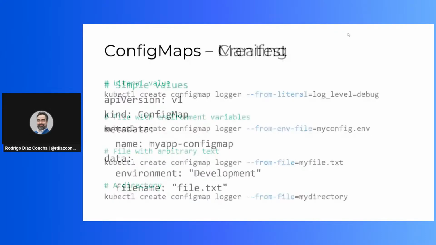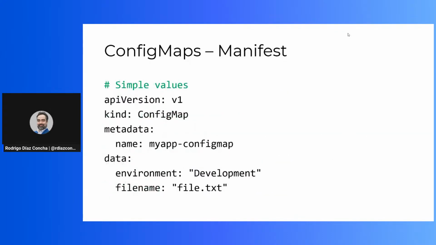And you can also use a manifest file. Here's an example of a manifest file written in YAML. And as you can see, it's using the apiVersion and kind. The kind is ConfigMap. Metadata, this is the place where we use the name field for specifying the technical name that we're going to use for referring to this config map object, which in this case is my app-config map.